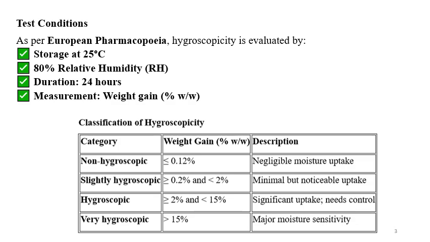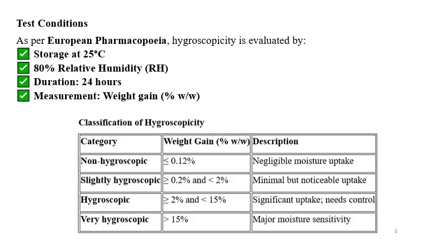Hygroscopicity is determined by the weight gain, and this weight gain is denoted by percent weight by weight gain. So if you are putting 100 grams of the material, for example, how much weight is increased on exposure to 80% relative humidity for 24 hours will give you an idea about the nature of the substance.